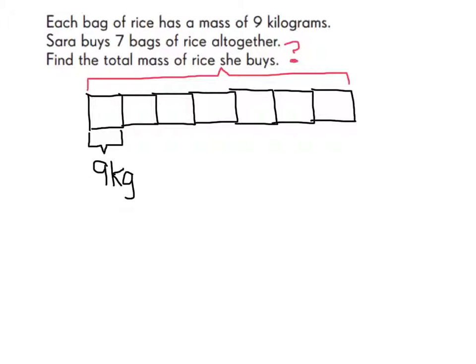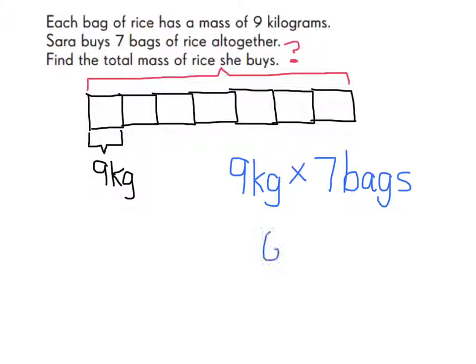So we have a multiplication problem to solve. We know that 9 kilograms times 7 bags would give us 63 kilograms in all.